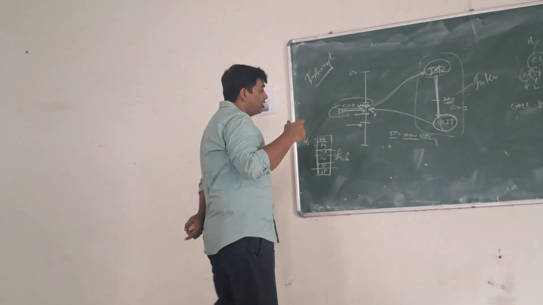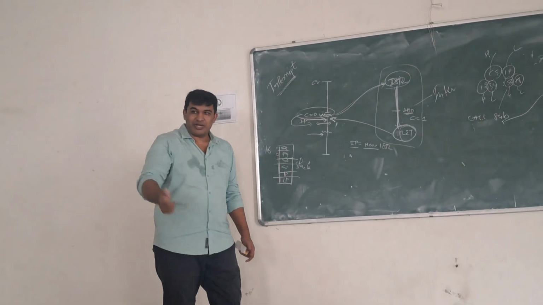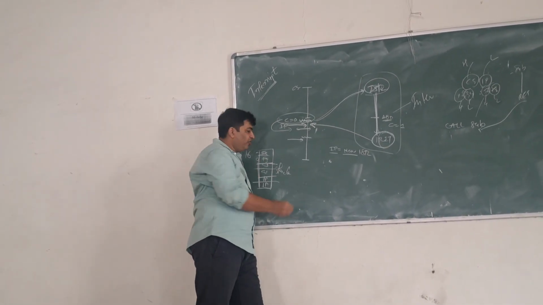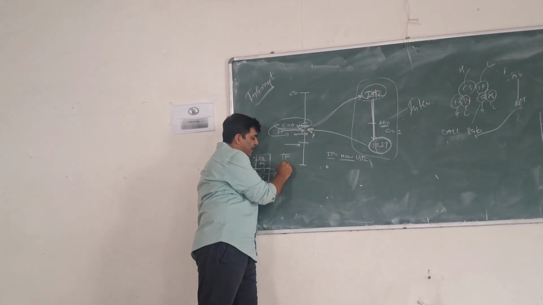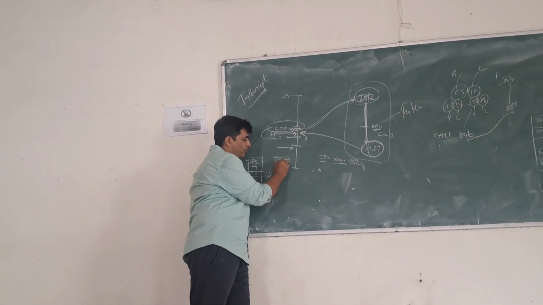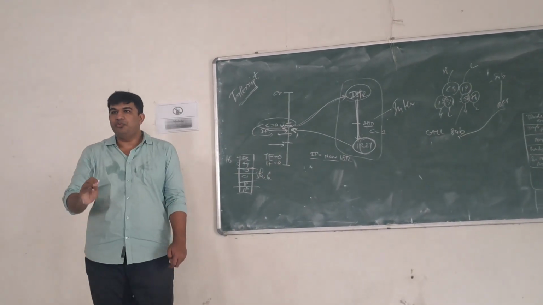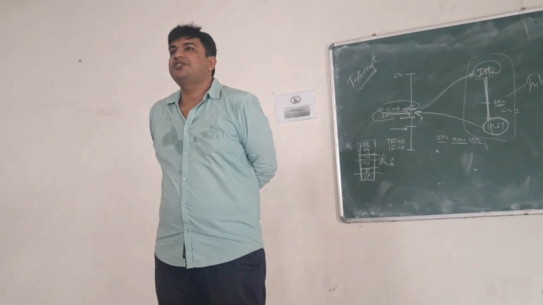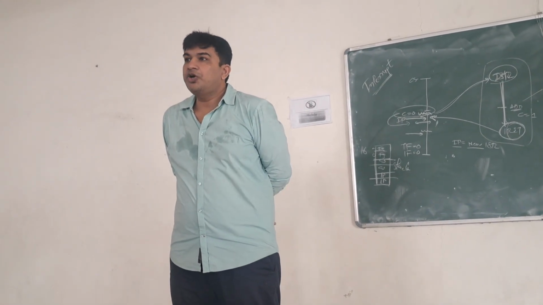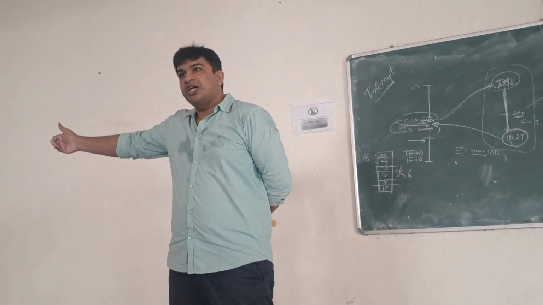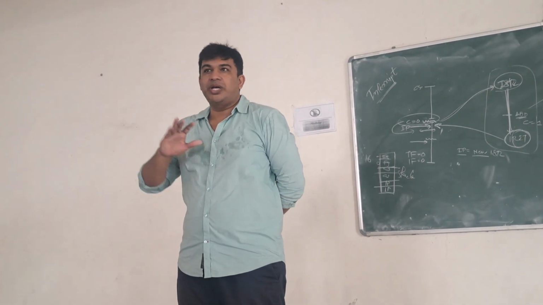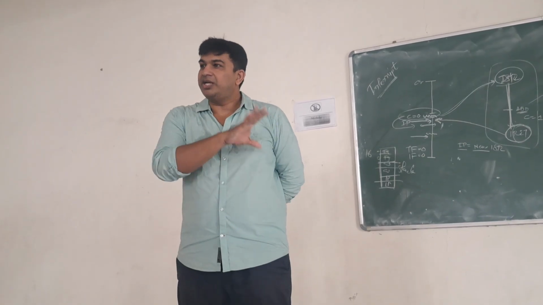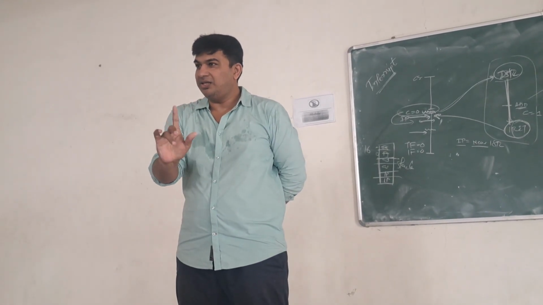Your microprocessor is doing one more task. After pushing the flag register onto the stack, it will make your TF and IF flags 0. What do you mean by this? TF is your trap flag, IF is your interrupt flag. When one interrupt occurs, I don't want to handle another interrupt during that time, so it will stop it.